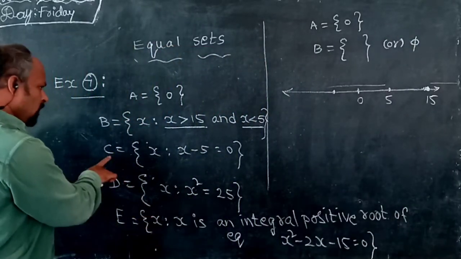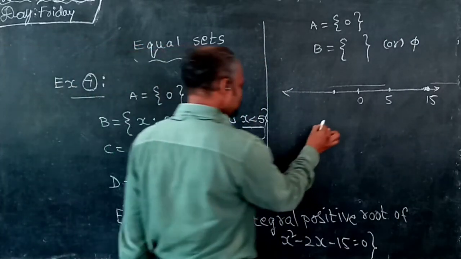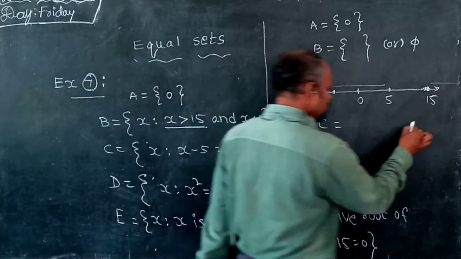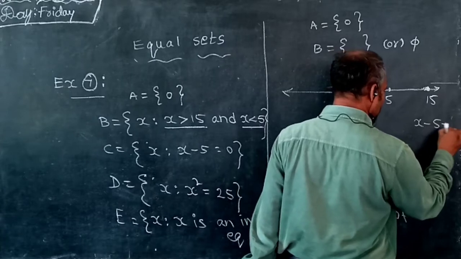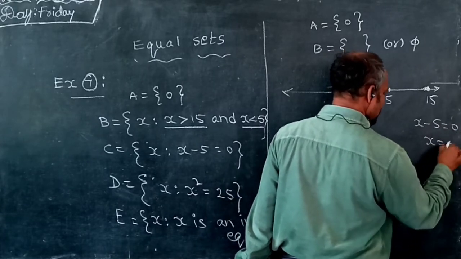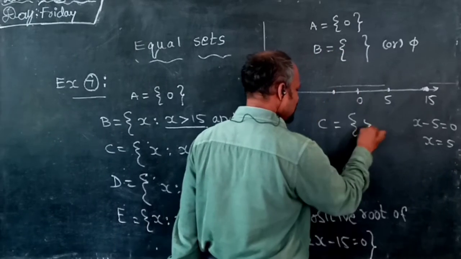Next, if we see C, it is very clear: x minus 5 is equal to 0. If I solve, x is equal to 5, so C is equal to {5}.